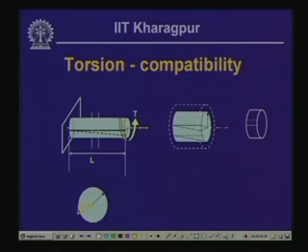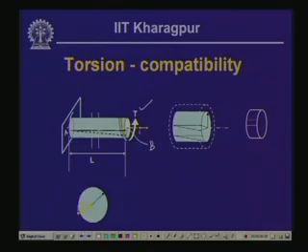Let us call that we have one length on this particular bar which we call AB, and mind that this particular bar is fixed. Let us call this point B. Now, this is fixed at this particular end and it is subjected to a twisting moment T at its end.